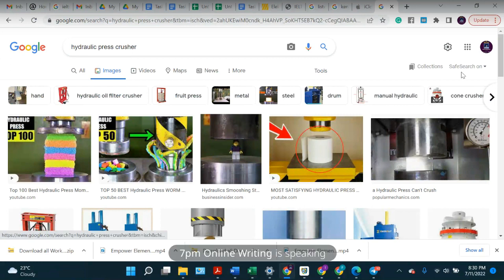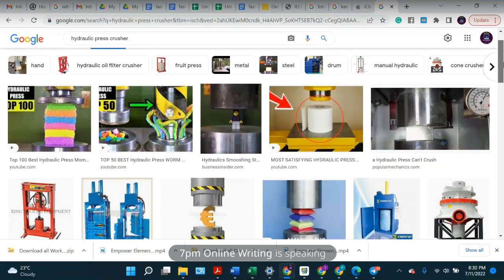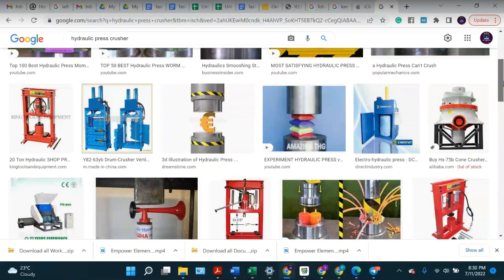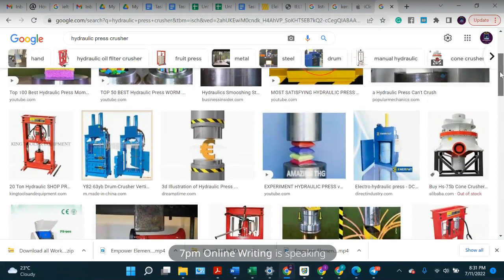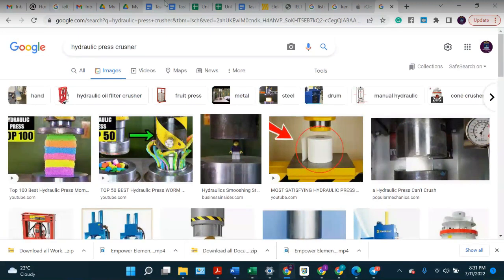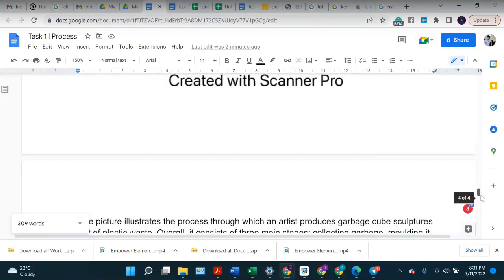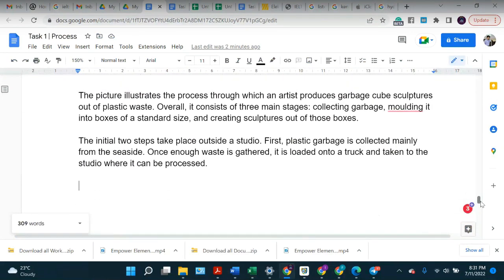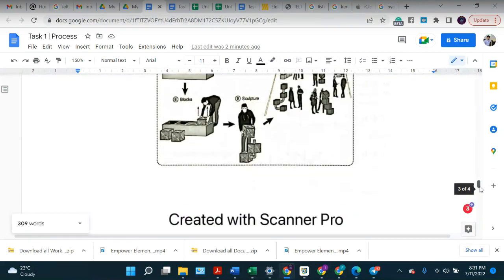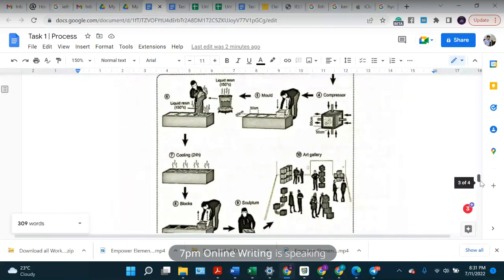Could be. You want to add that? I'm still not sure if it's a hydraulic press or not. Maybe we just say crushed. You can't expect everyone to know the names of every piece of equipment.